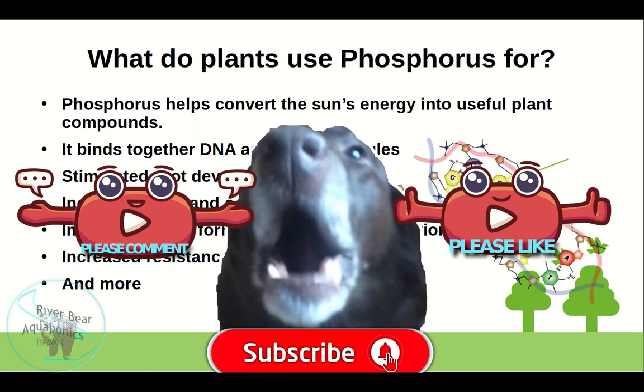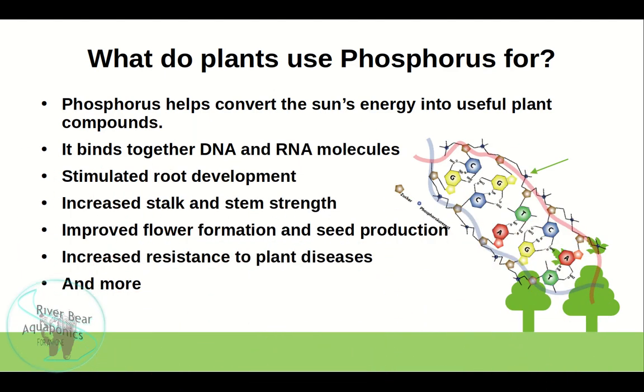What do plants use phosphorus for? Phosphorus helps convert the sun's energy into useful plant compounds. It binds together RNA and DNA molecules. This is the DNA molecule, and everywhere where it attaches to the next helix, it is bound together using phosphorus.